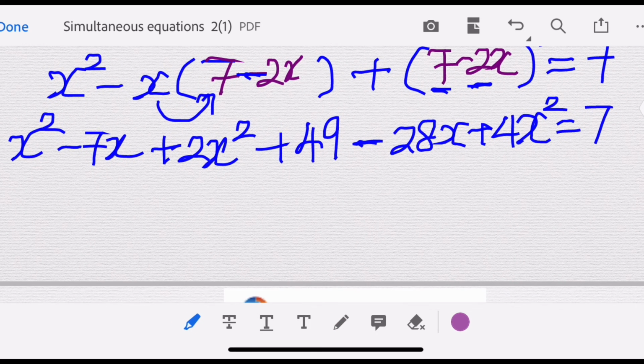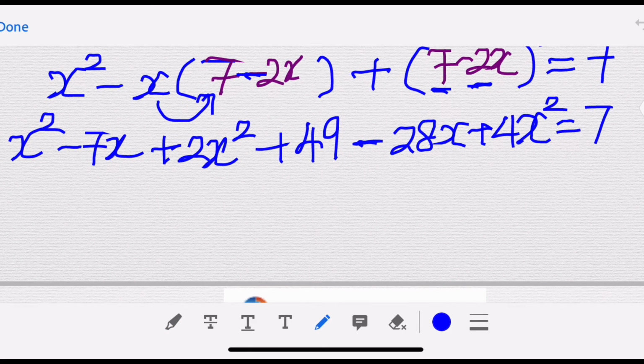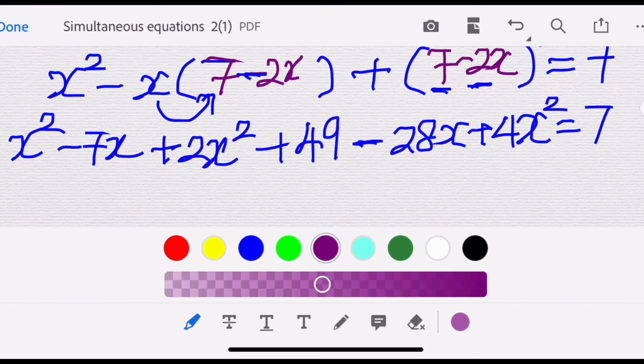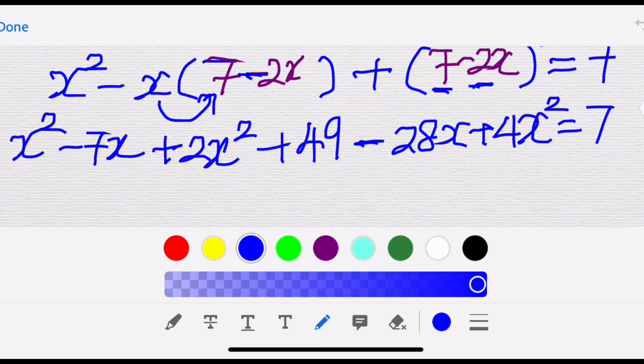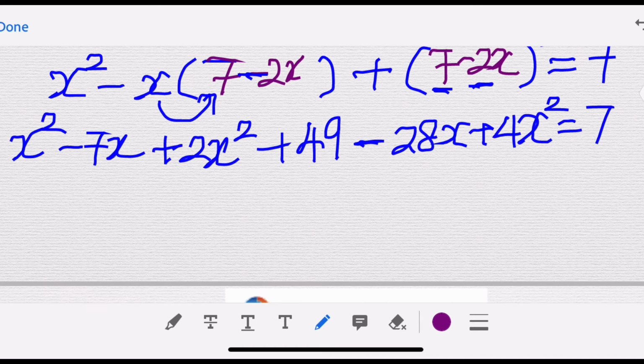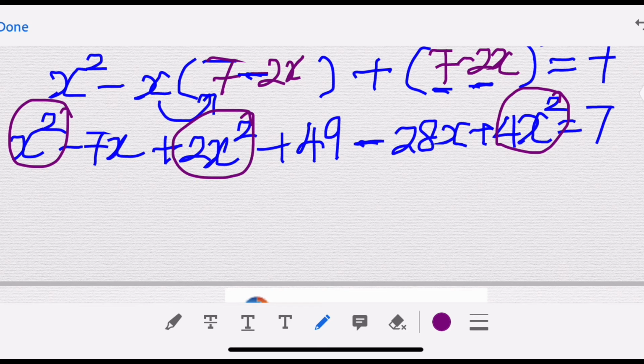So now we want to solve the quadratic equation. So we will highlight the like terms. We have how many x squared? Let me check it out. We have 1 plus 2 plus 4, 7x squared.